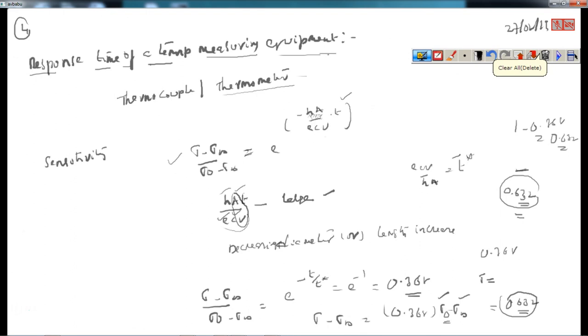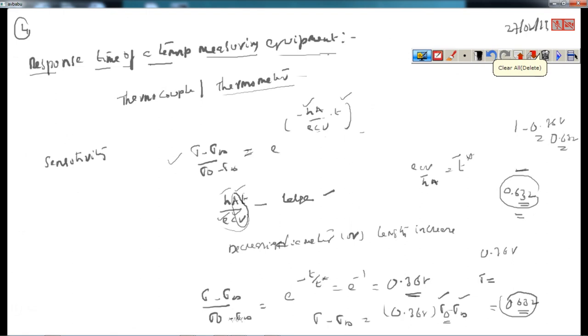To have HA by rho CV as large as possible, the options I have are either to increase H, or to increase A by V, or I can reduce rho and the thermal capacity, that is rho C, which is density into specific heat. Ultimately, e to the power of minus 1 is going to be 0.368, right?